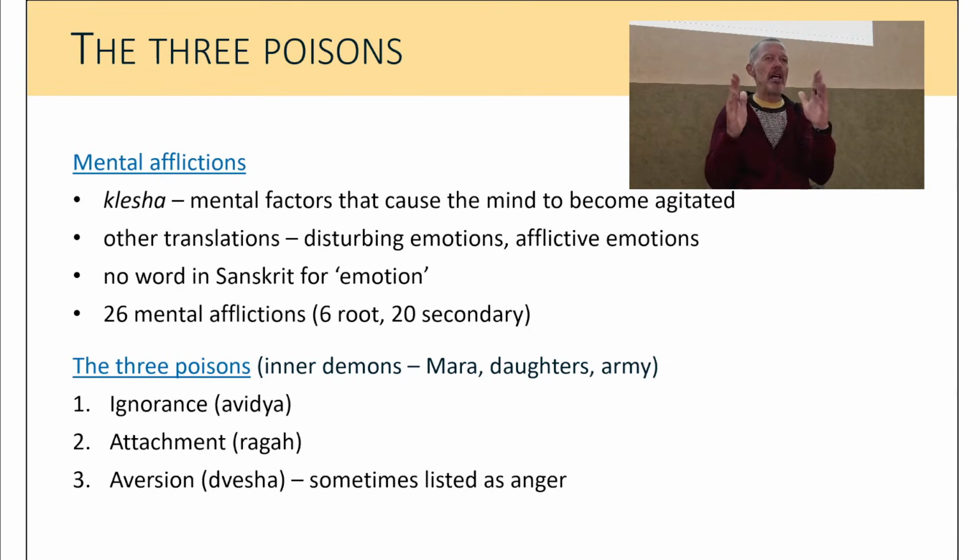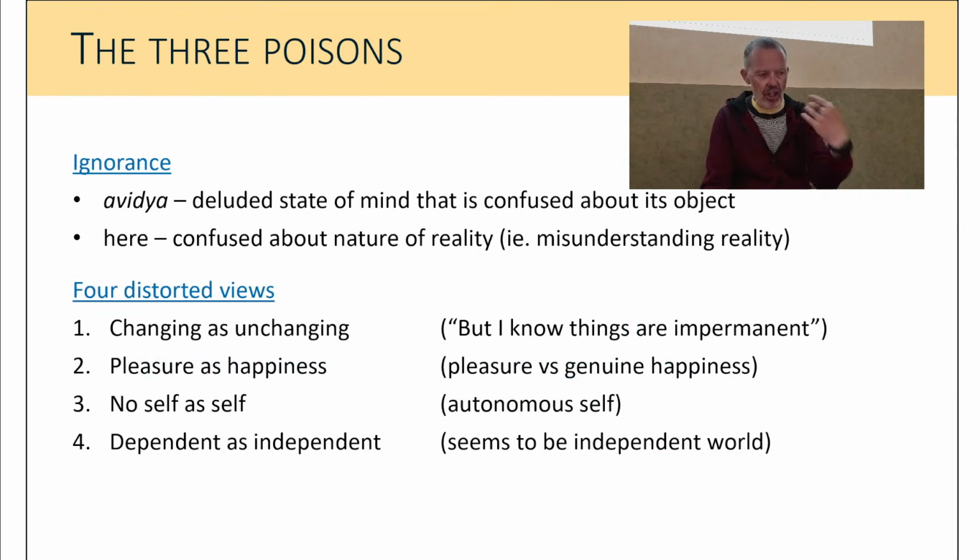So vidya means to know, and a is negation, not knowing. But ignorance or avidya is not simply not knowing, it's an active misknowing. So in general, ignorance is defined as a deluded state of mind that is confused about its object. So that's ignorance in general.